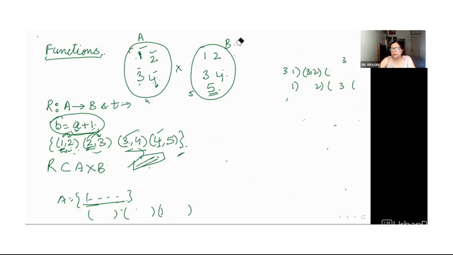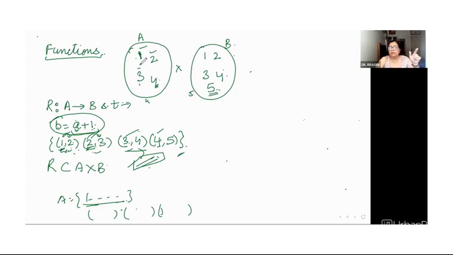You must have seen there is a difference between the domain of a relation and the domain of a function. What is that? In case of relations, I had just converted this question into functions, so that got erased. Earlier 4 was there, but we did not use 4 because 5 was not there.